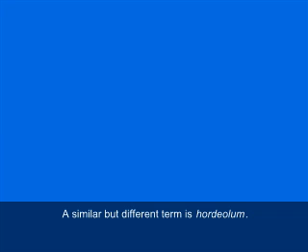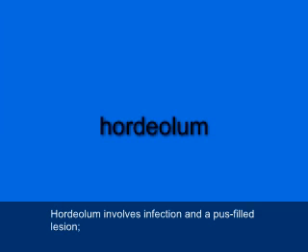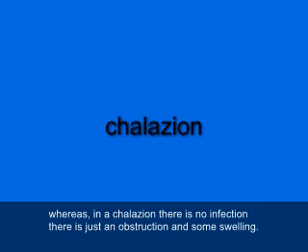A similar but different term is hordeolum. This is also known as a sty, and this is a pus-filled lesion on the eyelid resulting from an infected sebaceous gland. So a hordeolum involves infection and a pus-filled lesion, whereas a chalazion has no infection, just an obstruction and some swelling.